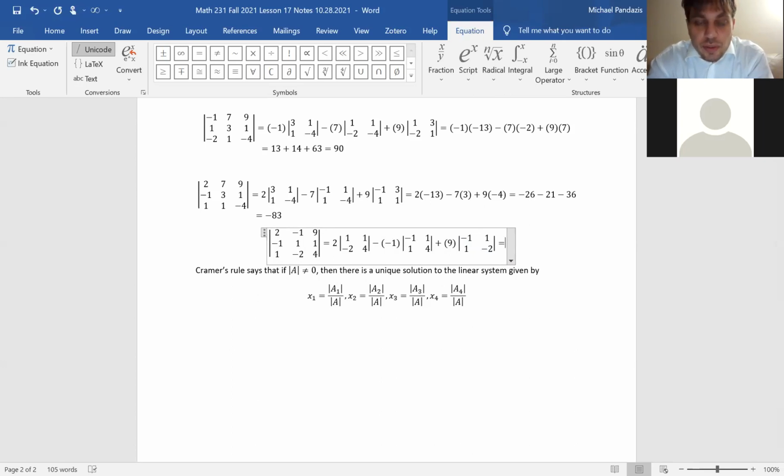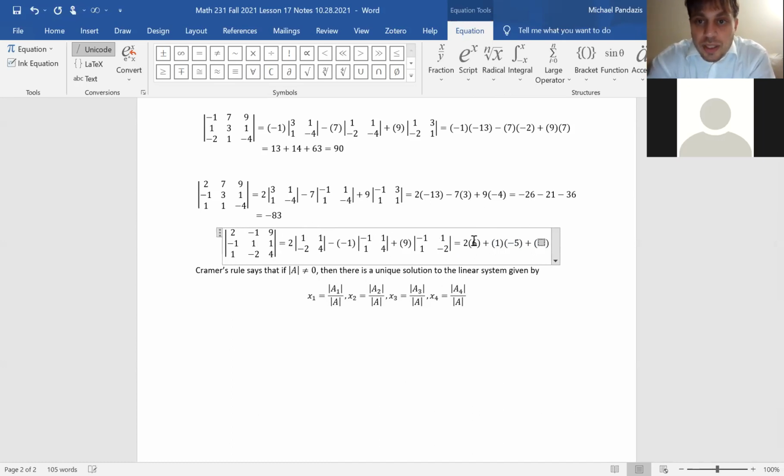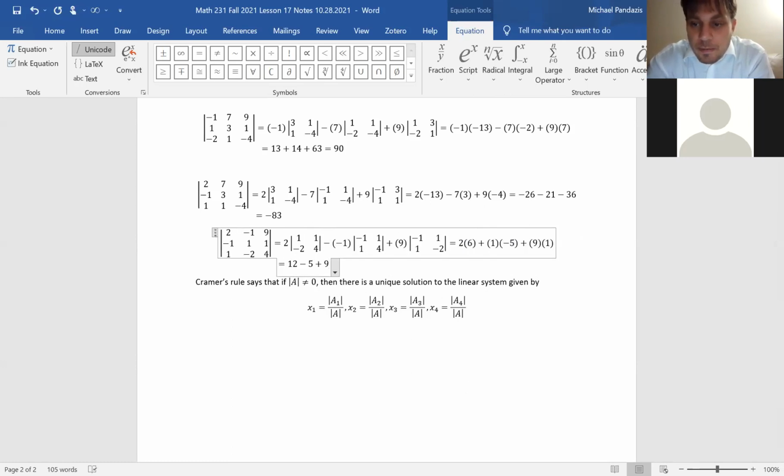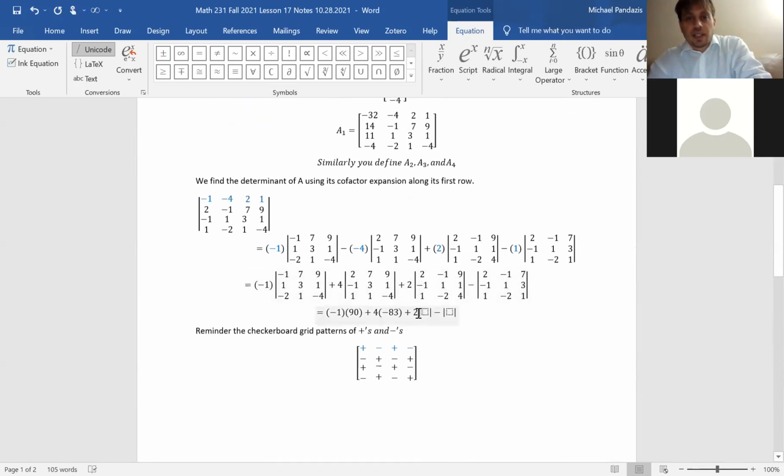And so this is equal to 2 times 6 plus 1 times -5 plus 9 times 2 minus 1 is 1. So that's equal to 12 minus 5 plus 9. And that's equal to 16. Okay, so the next determinant is 16. So a 16 goes there.